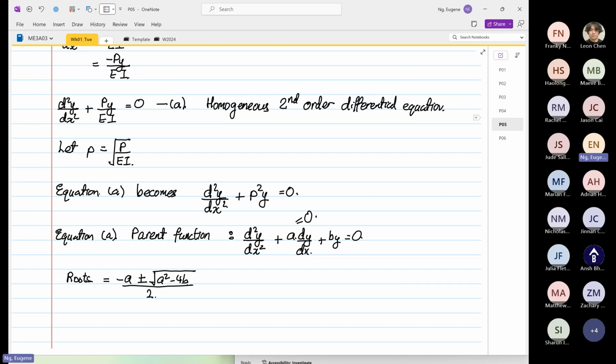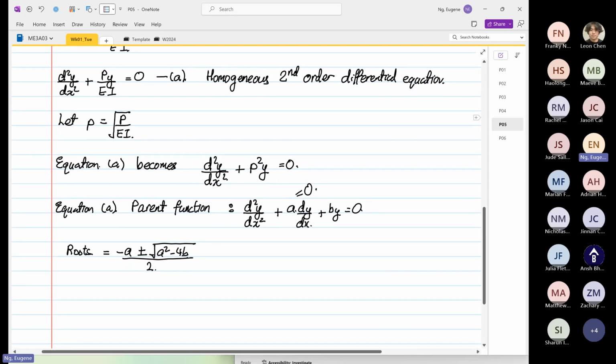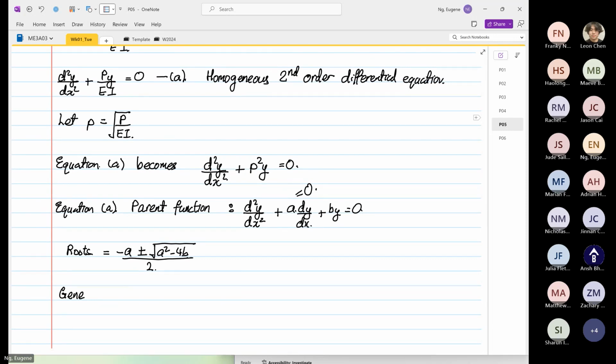We know that. So let's look at the general. I know our a is equal to 0, I'm aware of that, but for now let's assume that a is not equal to 0. So I'm going to write out the general solution, where y as a function of x. Remember, we are trying to determine the onset of when deflection will occur.